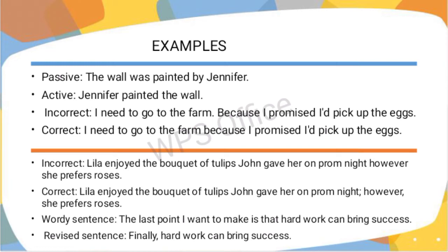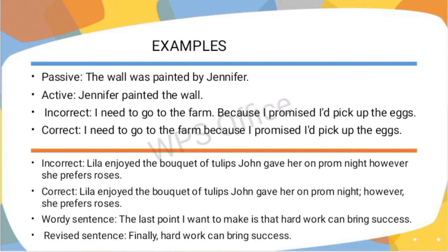Next is, Leela enjoyed the bouquet of tulips John gave her on a prom night, however she prefers roses. And the correct sentence is, Leela enjoyed the bouquet of tulips John gave her on a prom night. However, she prefers roses. And this sentence belongs to run-on sentences because it made two sentences into one sentence.